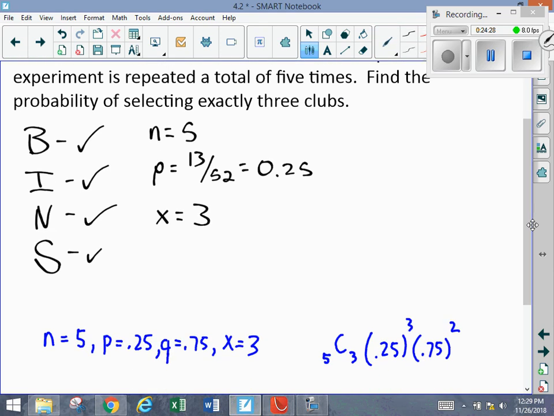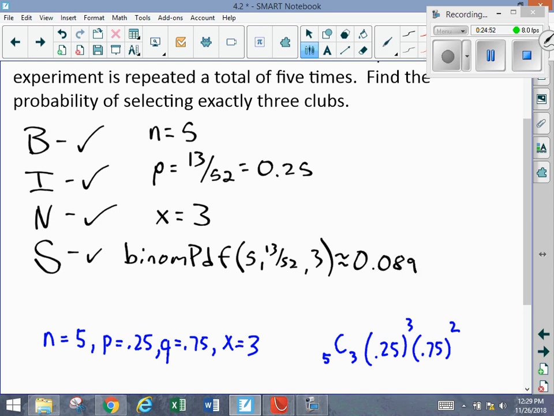So I would say binomPDF(5, 13/52, 3) is approximately 0.089.